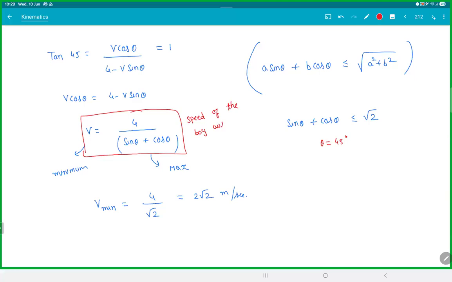So among all those angles, there is one angle which will give a minimum speed. Like you said, if he decides to go straight, then theta is 0, you'll get v is 4. So different angles will give you different answers. All clear with this?